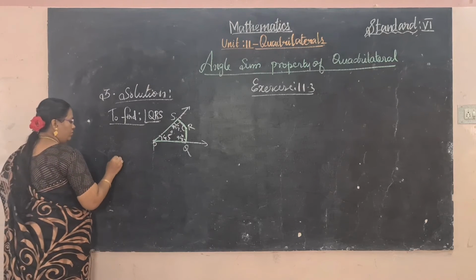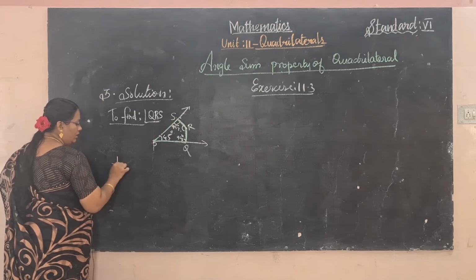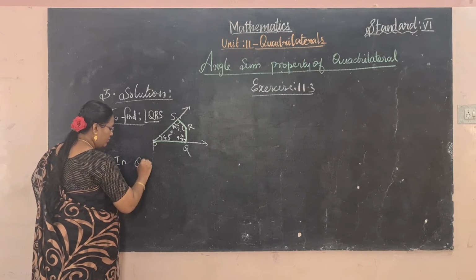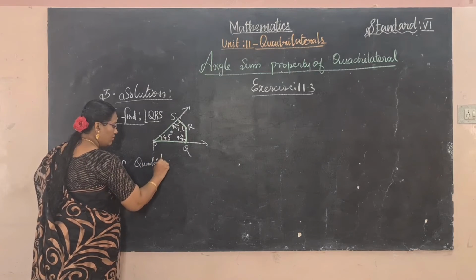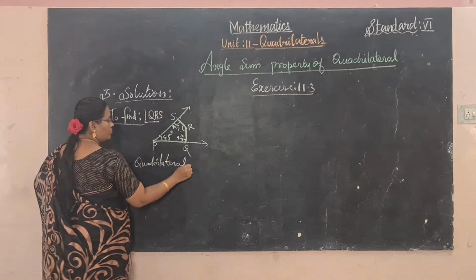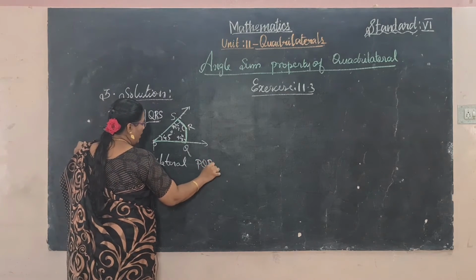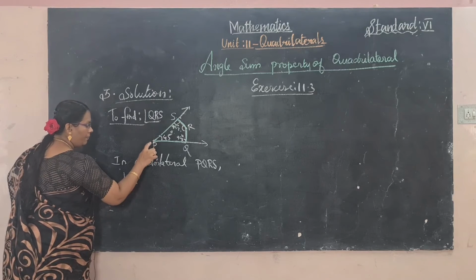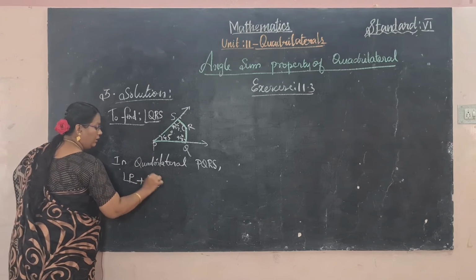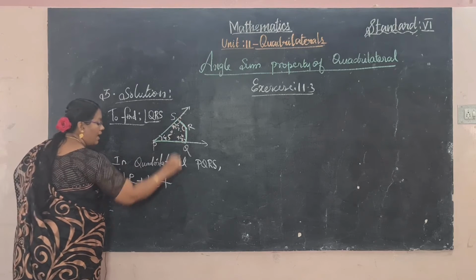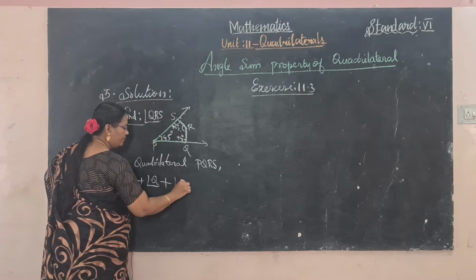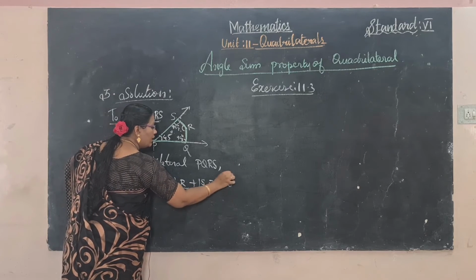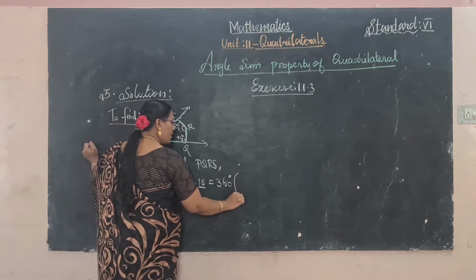In quadrilateral PQRS, angle P plus angle Q plus angle R plus angle S equal to 360 degree. Which property have you applied here?